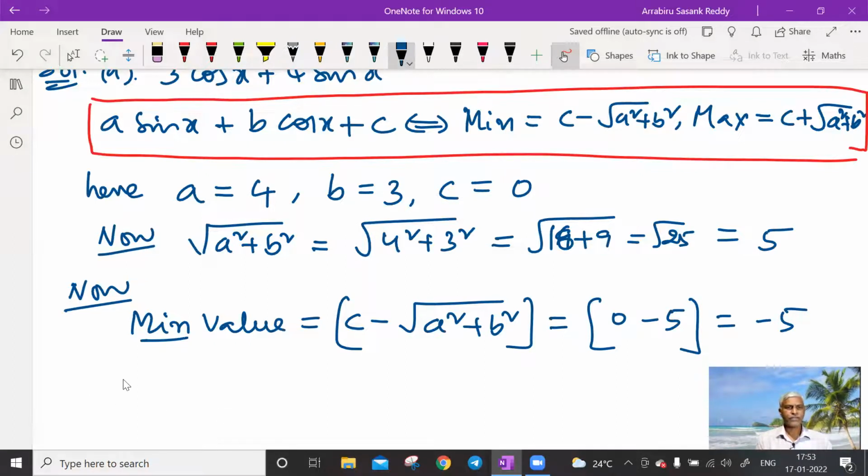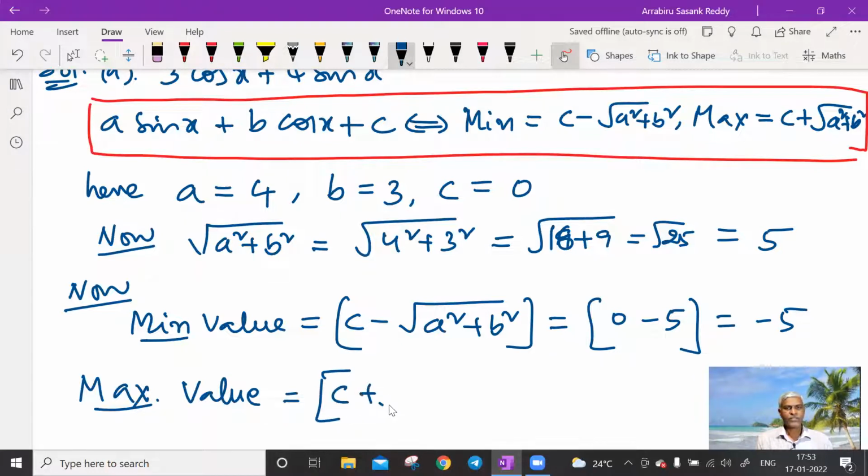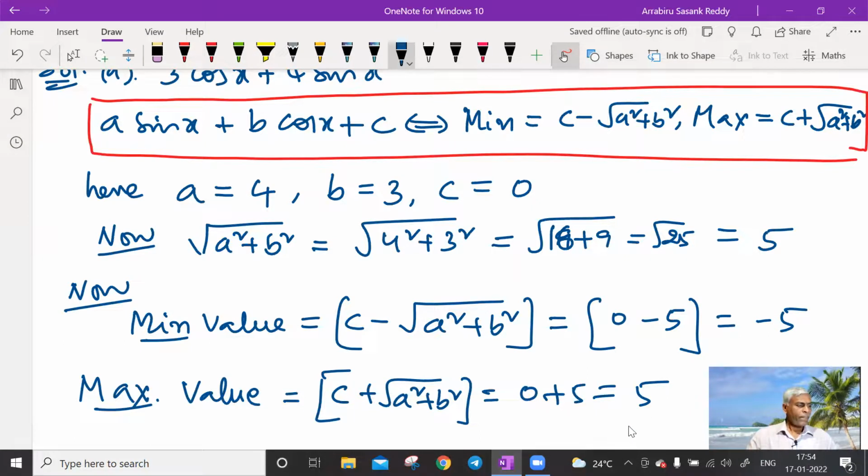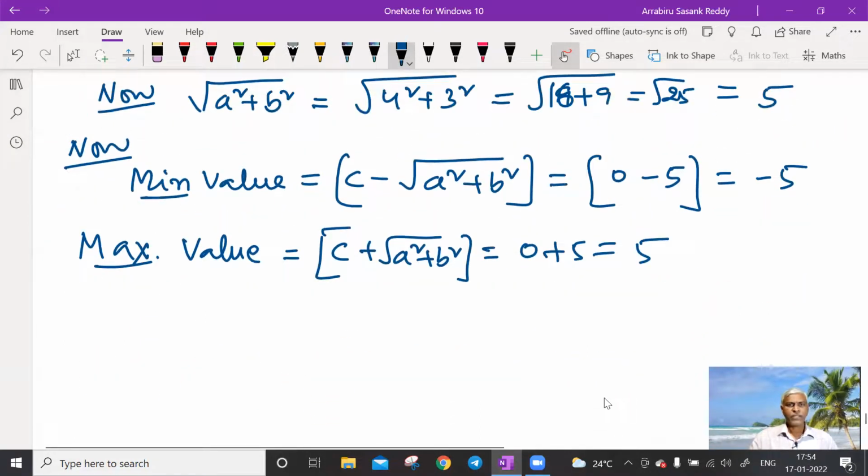Minimum value is -5, and maximum value is c plus under root a square plus b square, that is 0 plus 5 equal to 5. So minimum value is -5, maximum value is 5 for the trigonometric expression.